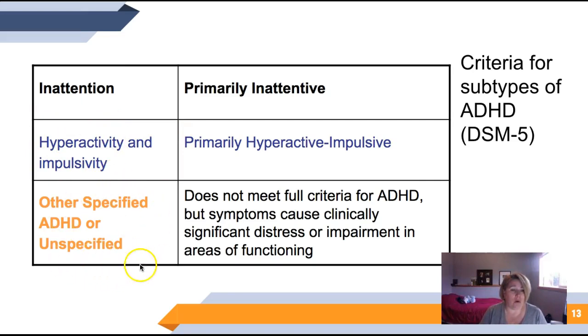And then there's also other specified or unspecified ADHD. Remember how I talked about nonverbal learning disabilities and Asperger's, and there are all these little different components. This one in the DSM-5 is actually recognized, and it says you're not meeting the full criteria, but you do have the kind of symptoms that cause clinical distress or impairment.